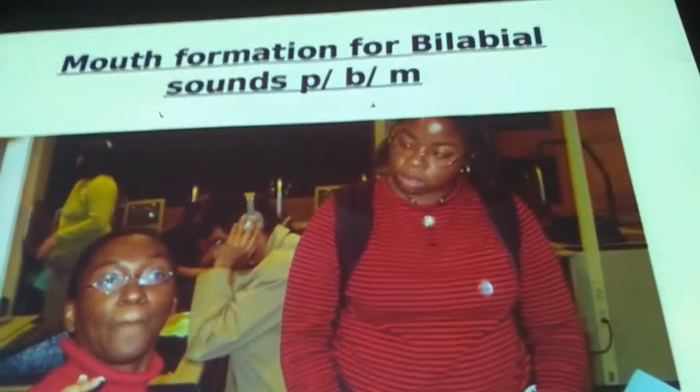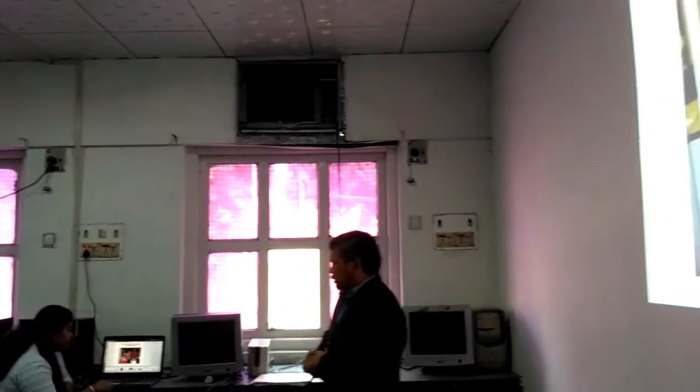You can listen by clicking on the sound how ba is produced, and later how ma is produced. Next, please. This is the mouth formation for the bilabial sounds pa, ba, and ma. Next slide, please.